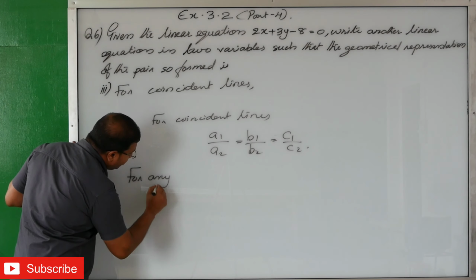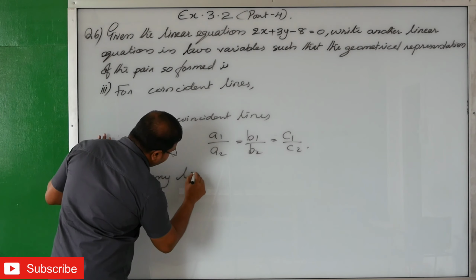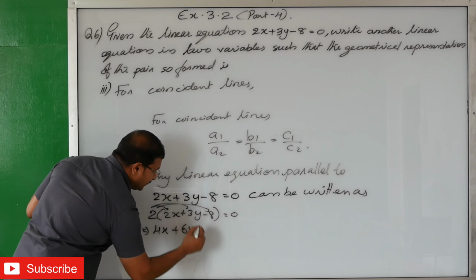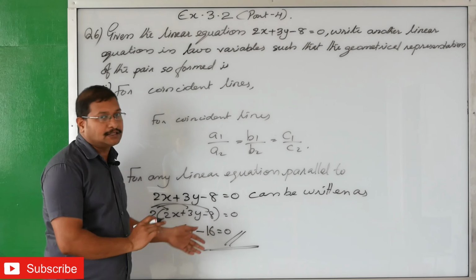For any linear equation parallel to 2x plus 3y minus 8 equal to 0 can be written as 2 into 2x plus 3y minus 8 equal to 0. This implies 2 into 2x, 4x, plus 2 into 3, 6y, minus 2 8s are 16, equal to 0. So this is the required equation.